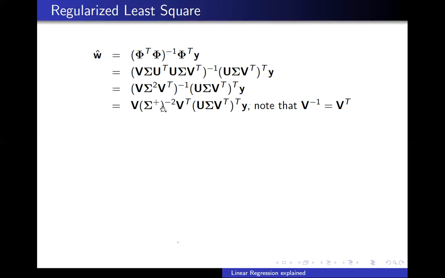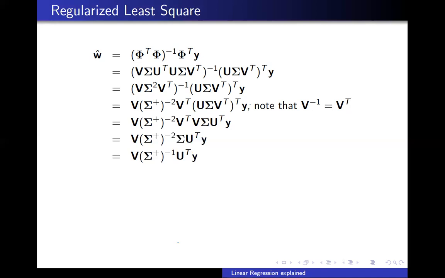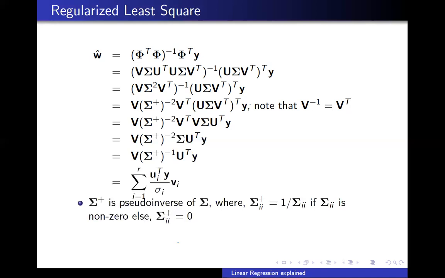All right. Now, if you take the inverse of the second term over here, the transpose of U sigma V transpose will be V sigma U transpose, because the transpose of a diagonal matrix is the same as before. Again, V transpose V is the identity matrix. So then you are left with sigma plus to the power -2 times sigma, which is nothing but sigma plus to the power -1.